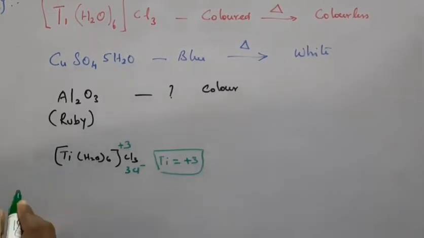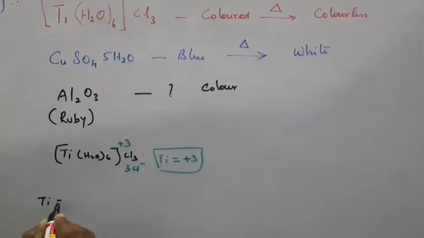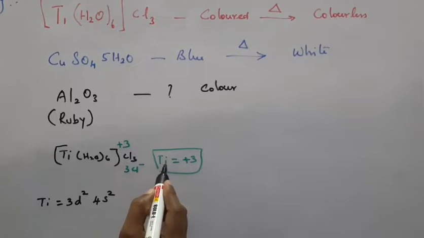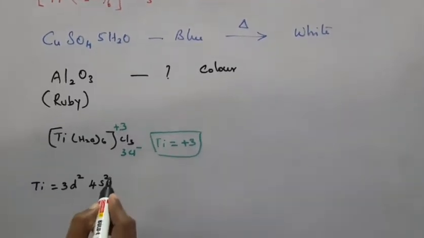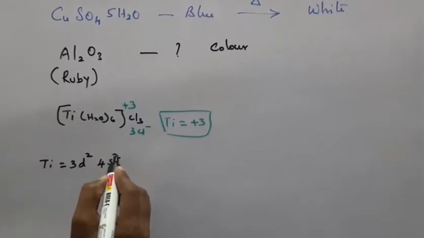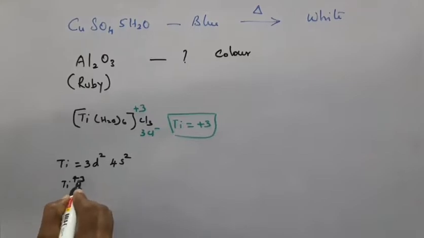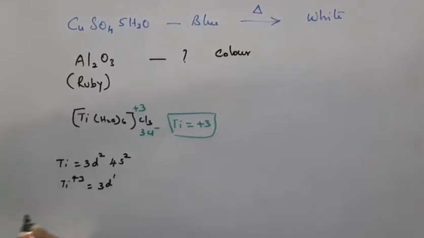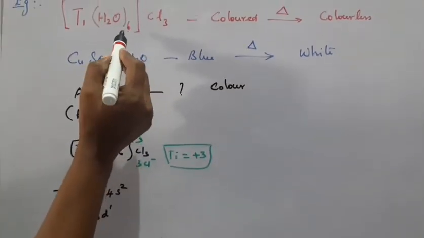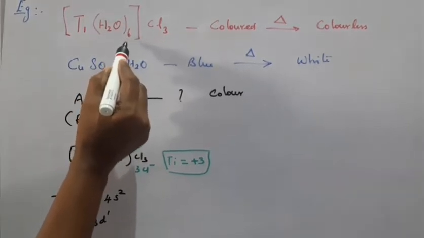In the ground state, the titanium electronic configuration is 3d2 4s2. For titanium plus 3, we remove 3 electrons from the ground state: 2 from the s orbital and 1 from the d orbitals. So Ti3+ is 3d1. This is an octahedral complex, because the coordination number of the ligands is 6.